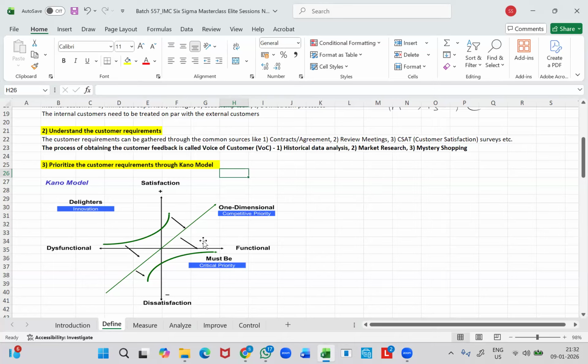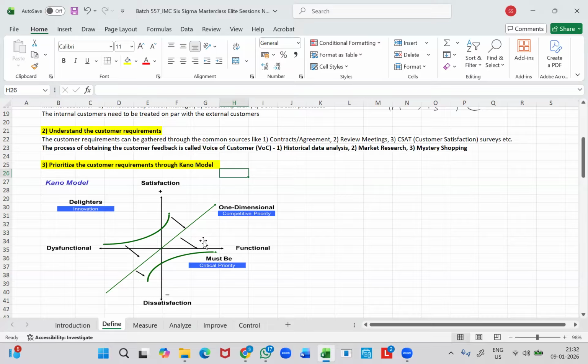Just because you have achieved 97% accuracy, the customer is not going to feel satisfied, because the customer is expecting you to achieve 99% accuracy. But if you fail to achieve even this 97% accuracy, the customer would feel highly dissatisfied with your service. Clear? And then the one-dimensional need, or the satisfied need.